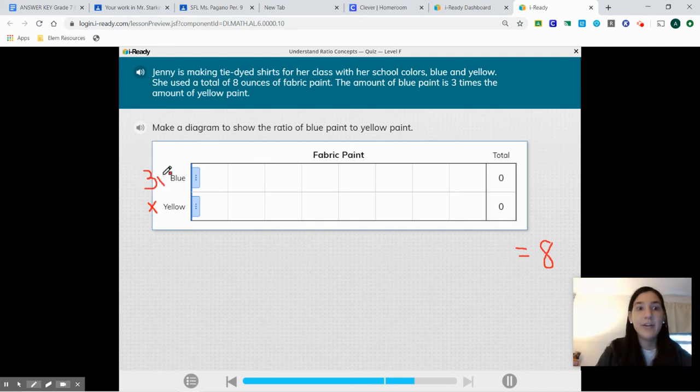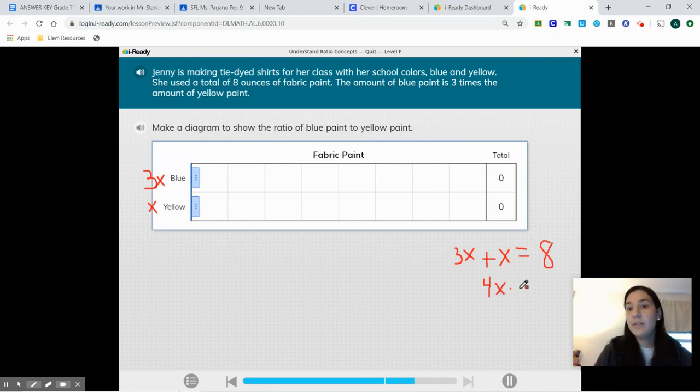We know that together they're going to add up to 8. So we have 3x plus 1x equals 8. We're going to combine our like terms. That's going to give us 4x equals 8.